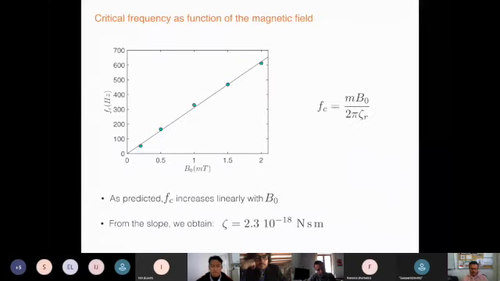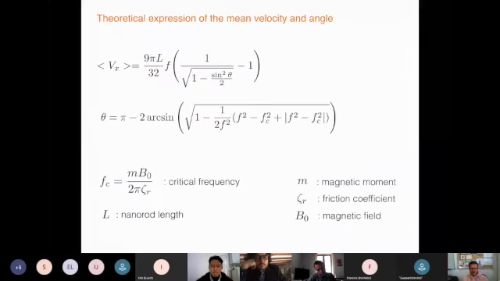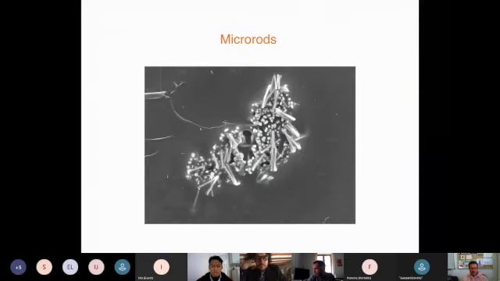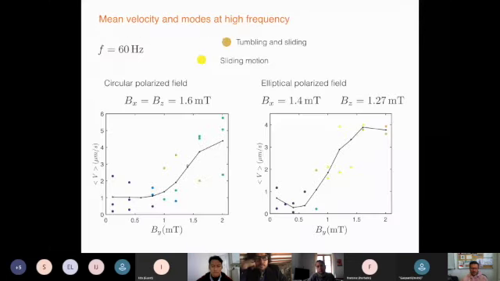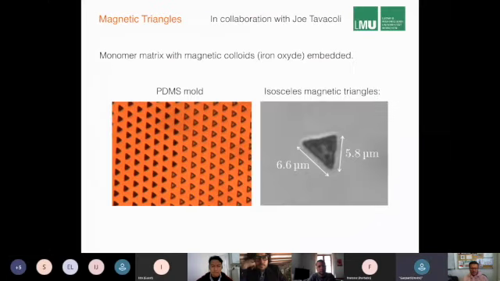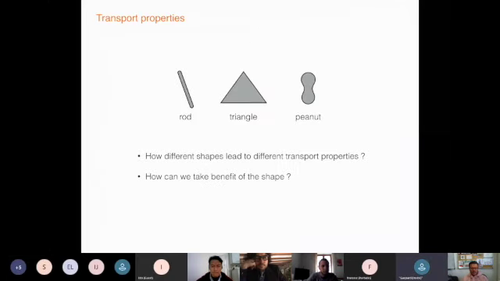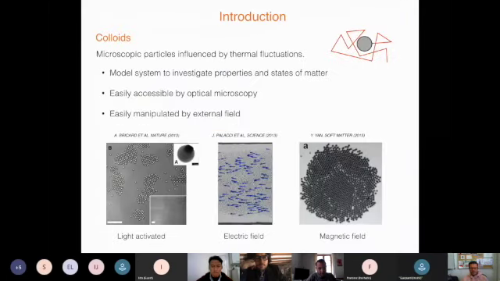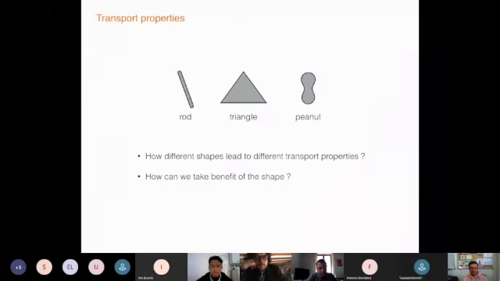I was looking at the manuscript, and there was 8.6 times 10 to the minus 19. How much did you get? I think I get 10 to the minus 18. Okay, so one order. This could be because being a rod.